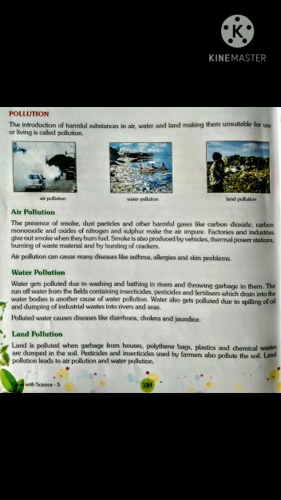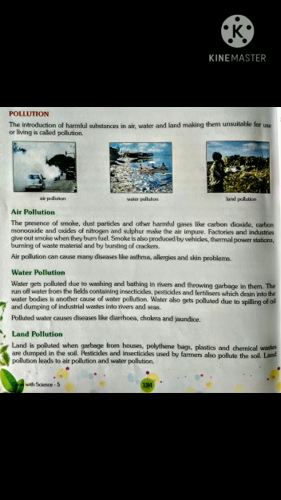Then is water pollution. Water gets polluted due to washing and bathing in rivers and throwing garbage in them. The runoff water from the fields containing insecticides, pesticides and fertilizers which drain into the water bodies is another cause of water pollution. Water also gets polluted due to spilling of oil and dumping of industrial wastes into rivers and seas.